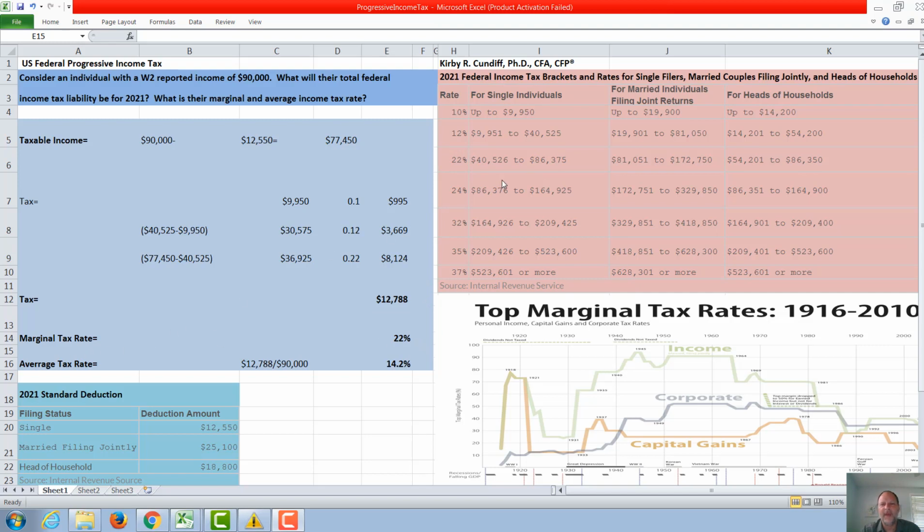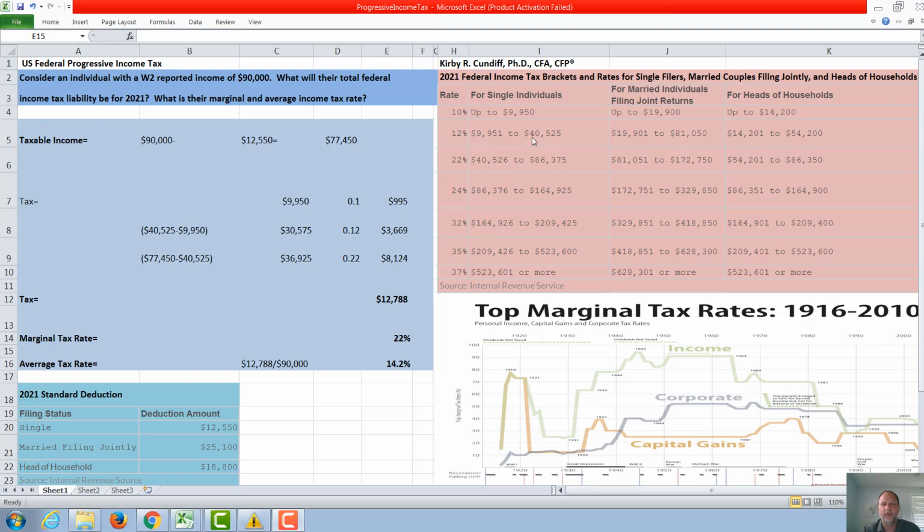To figure out their tax, we have to calculate how much tax they pay at the 10%, 12%, and 22% level. So the total tax paid below $12,550 is 0. The total tax paid in the 10% bracket goes up to $9,950. So we take 9,950 times 0.1 and get in that bracket they pay $995 in federal income tax.